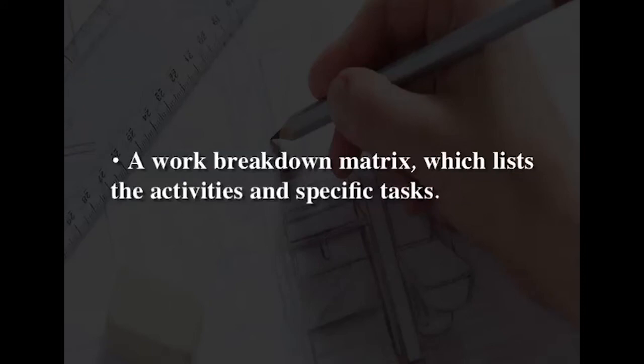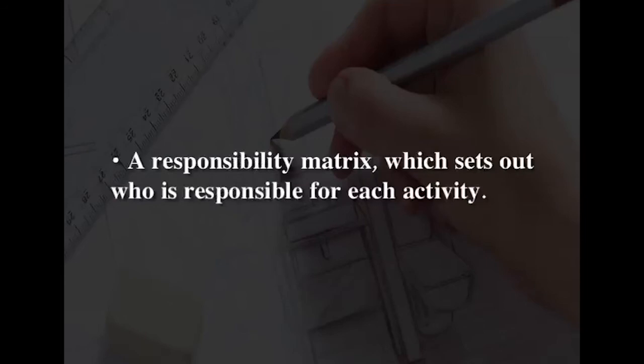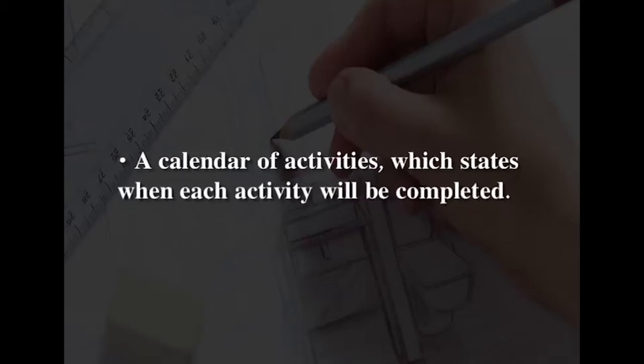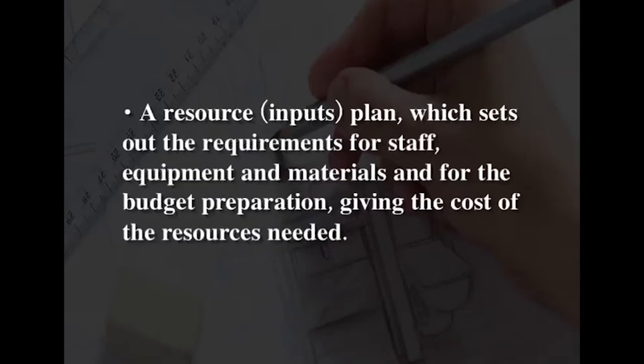The work plan is established by the project design team and consists of 4 matrices: a work breakdown matrix, which lists the activities and specific tasks; a responsibility matrix, which sets out who is responsible for each activity; a calendar of activities, which states when each activity will be completed; a resource or inputs plan, which sets out the requirements for staff, equipment and material, and for the budget preparation, giving the cost of resources needed.